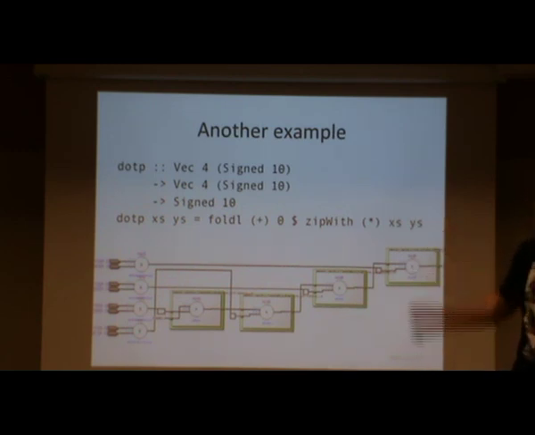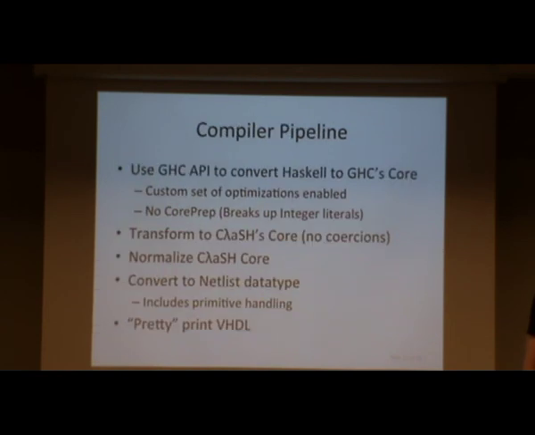As you can see, I use data kinds for the type level naturals. We're at the Implementors workshop, so I'll tell you about the compiler and how it works. Like many Haskell compilers, or variants of Haskell compilers, these days, CLaSH uses the GHC API.